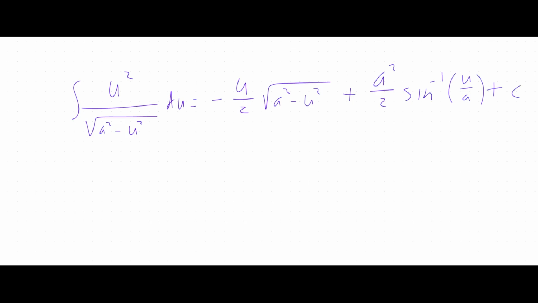Now let's use this to evaluate the integral of x squared over the square root of 5 minus 4x squared dx.